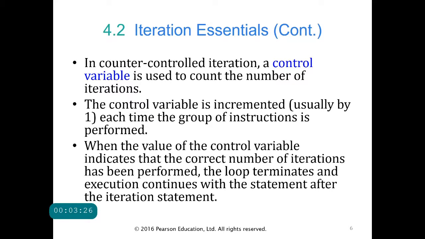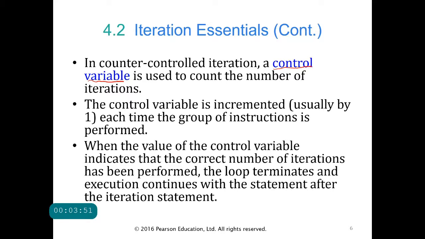Now, in counter controlled iteration, a central part of your looping is basically what is known as the control variable. And the control variable is generally used to count the number of iterations or the number of cycles that your loop has gone through.